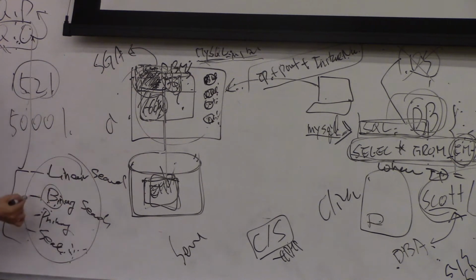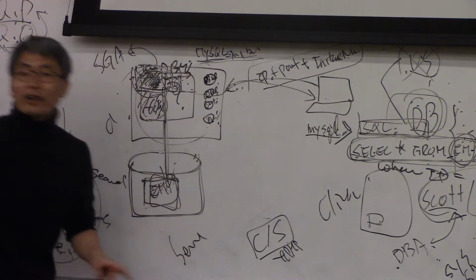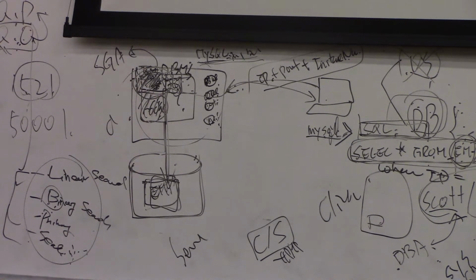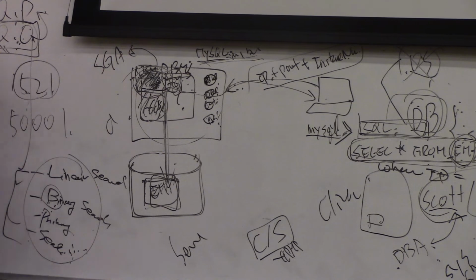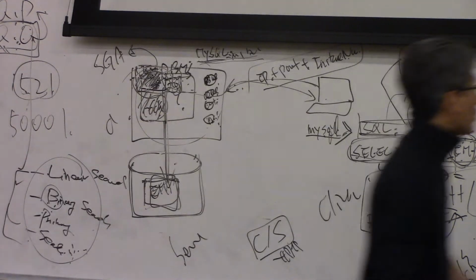Once the query optimizer determines this one is the fastest way, then it accesses the data and returns the data to the client. This is what happens. So this week, we will talk about how the query optimizer works. This is the main part of the query processor.